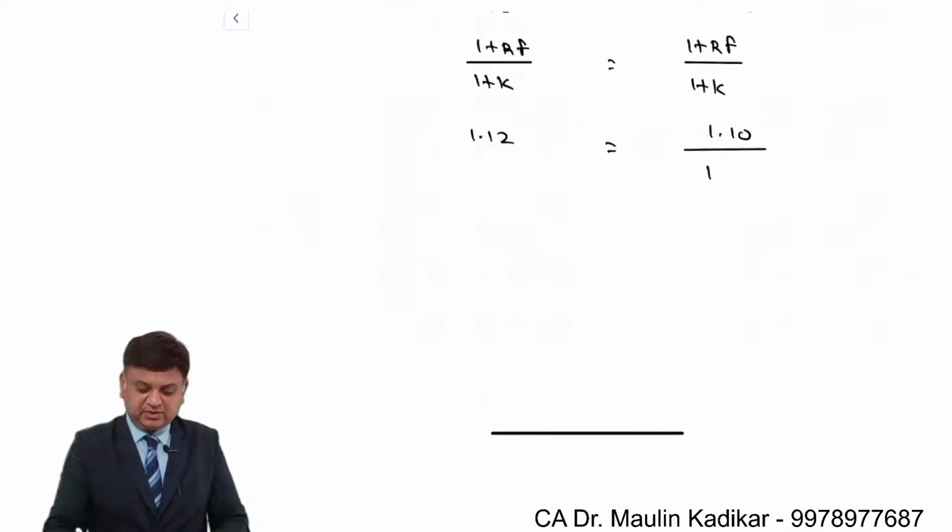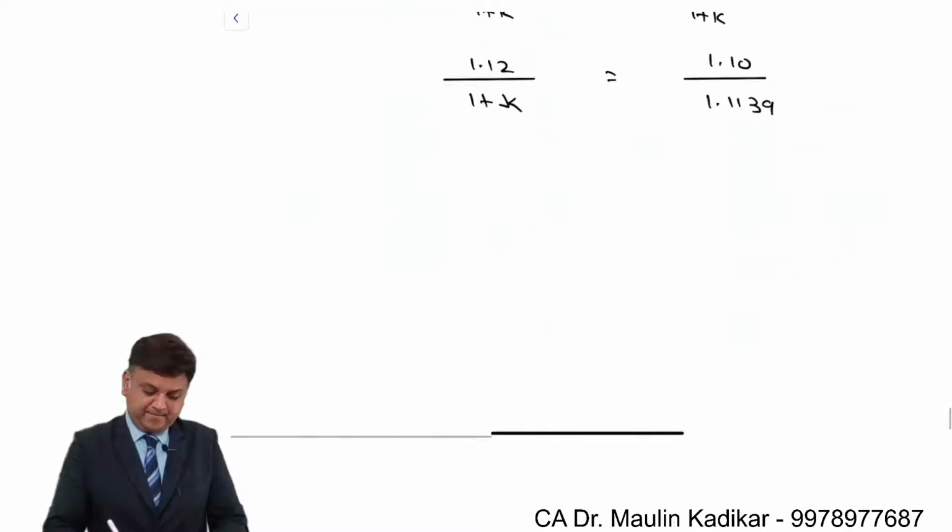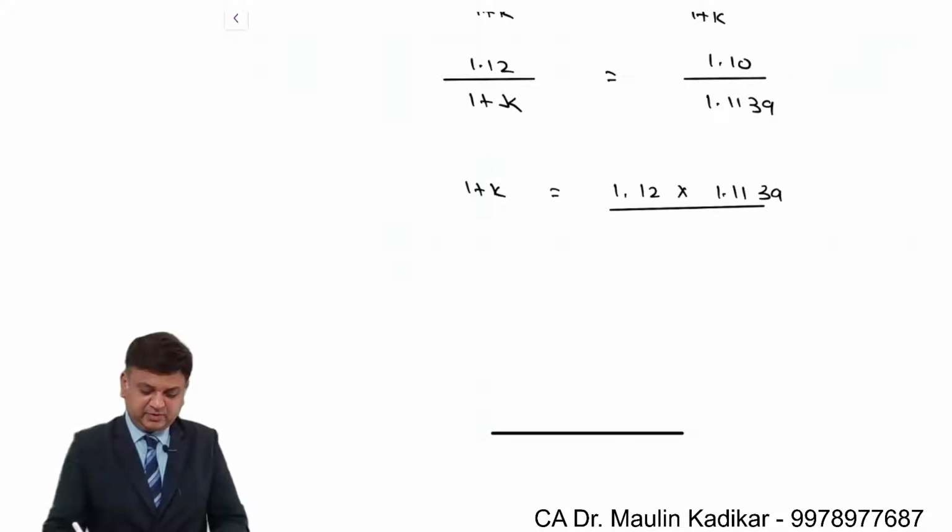It is 11.39%. And over here it will be 1 plus K. So 1 plus K is equal to 1.12 into 1.1139 divided by 1.10.